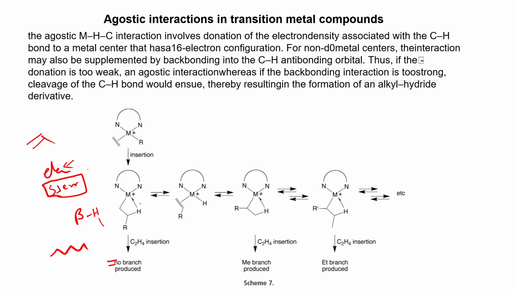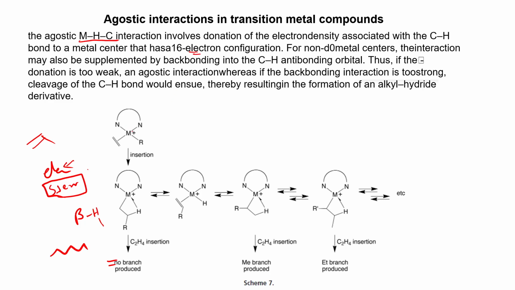Again, if the agostic effect becomes much stronger, you can end up with this thing followed by another insertion in the reverse way. So other things are possible. But what they want to emphasize here is that the agostic metal-hydrogen-carbon interaction involves donation of electron density associated with the carbon-hydrogen bond to that metal center having 16 electrons.